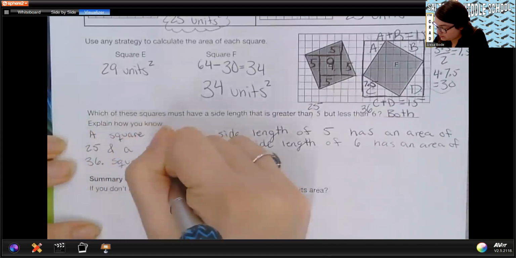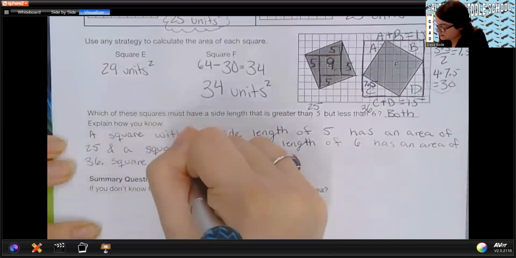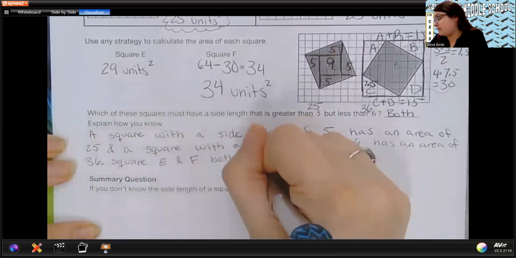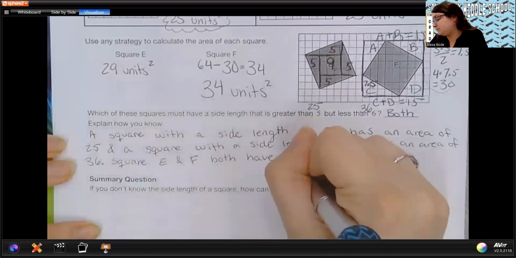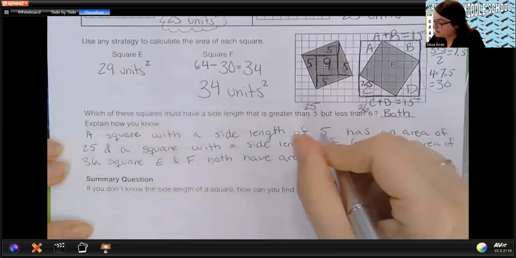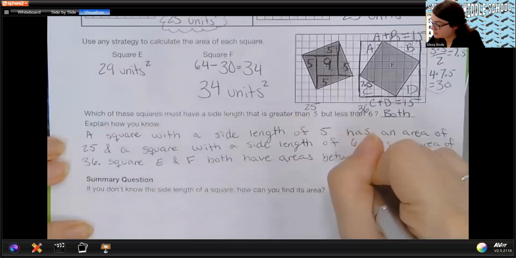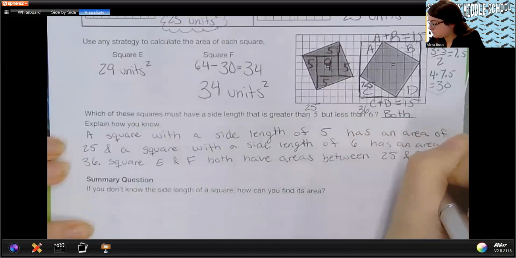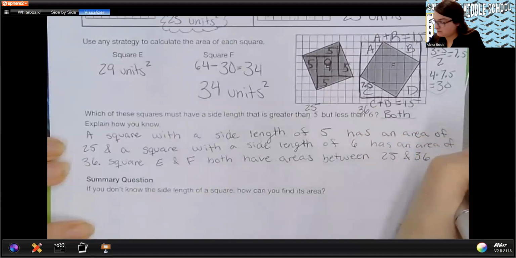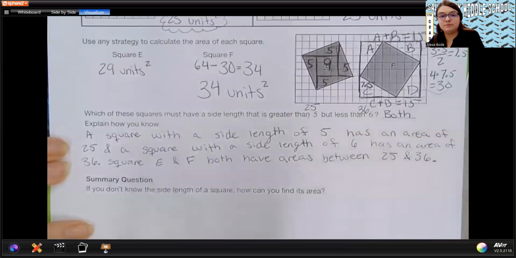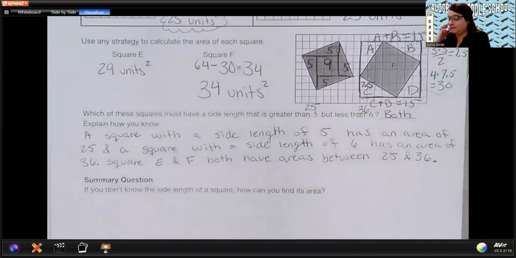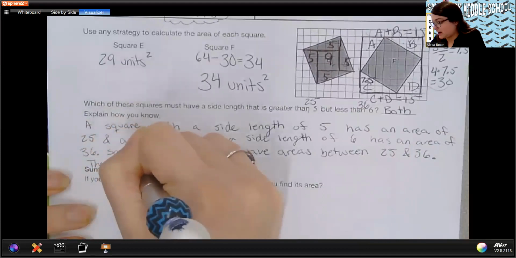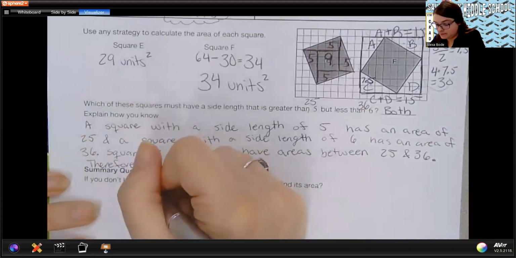Squares E and F both have areas between 25 and 36. Therefore, their sides are between 5 and 6.